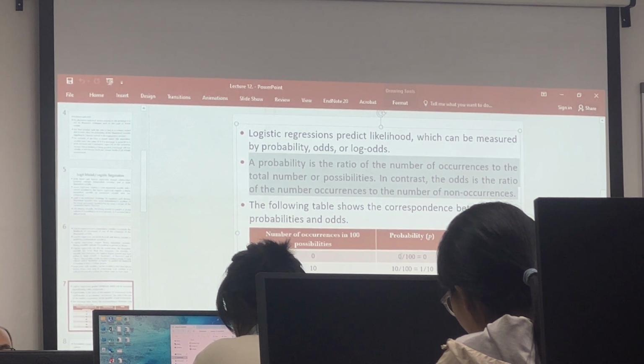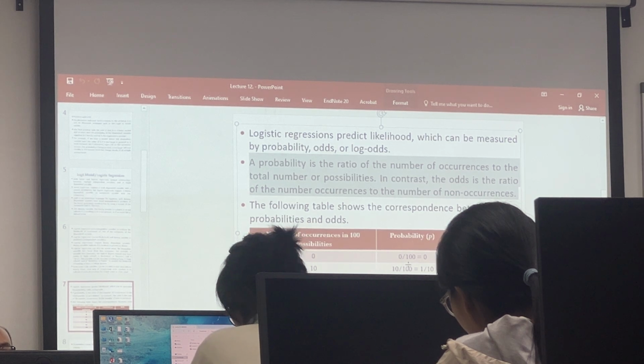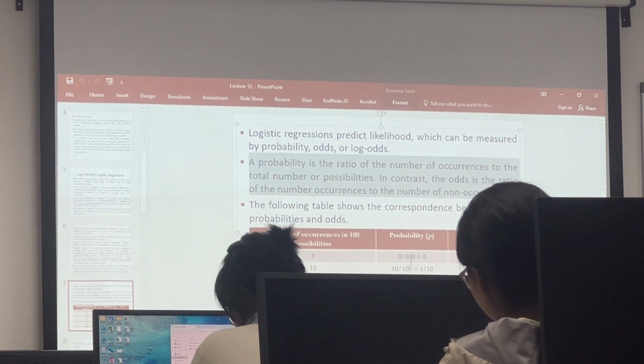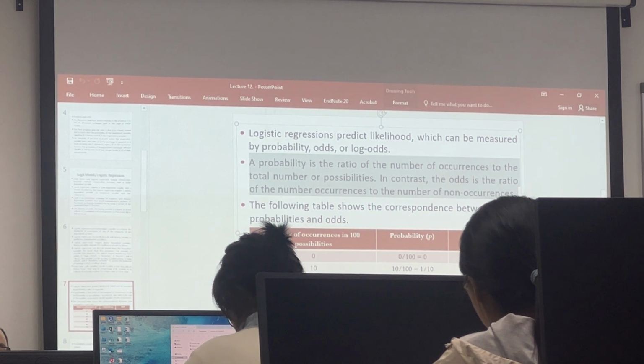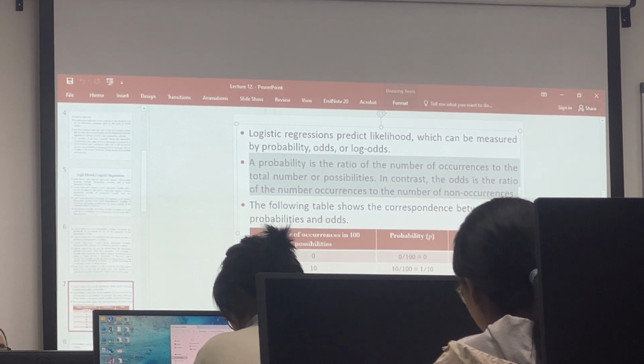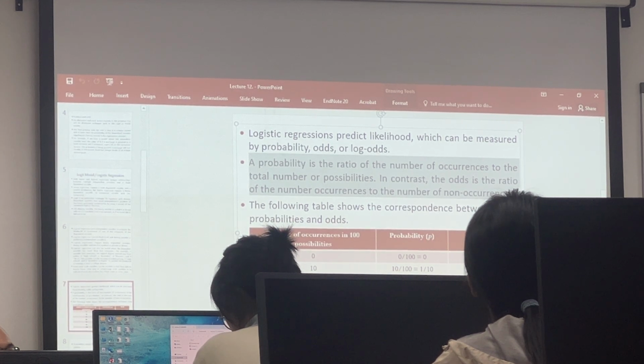The number of heads is 0 over 100 tosses, so in terms of probability, 0. Odds: the number of occurrences, 0, over non-occurrences, 100, is the same, 0.